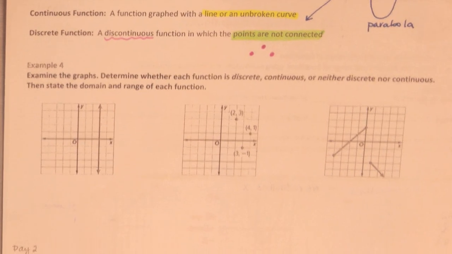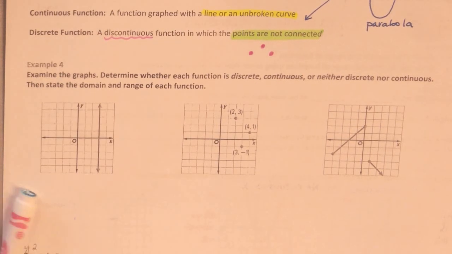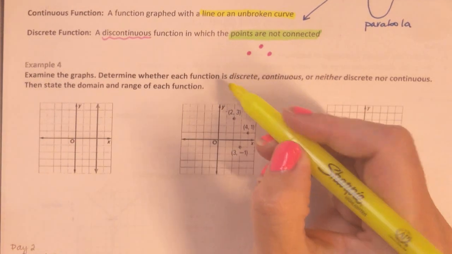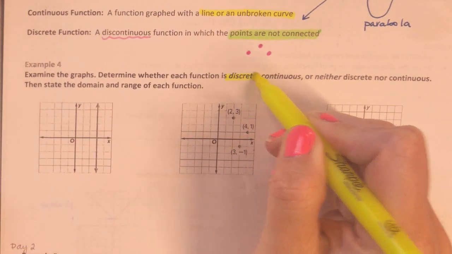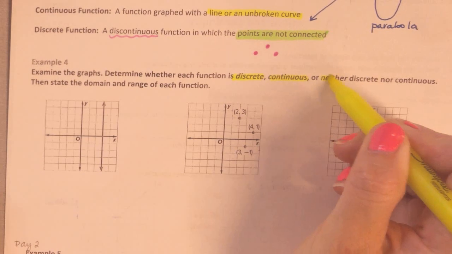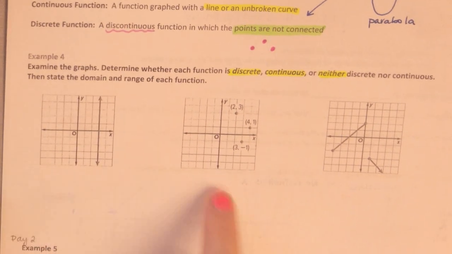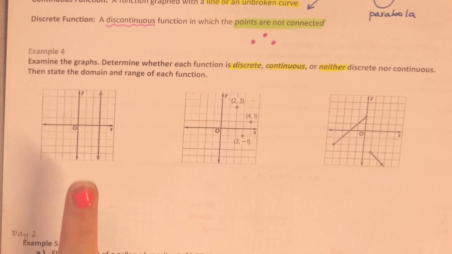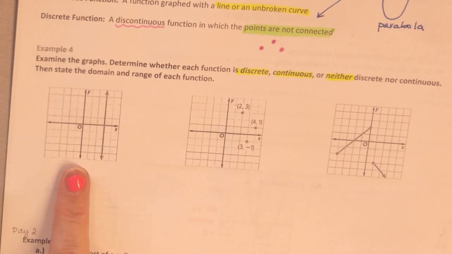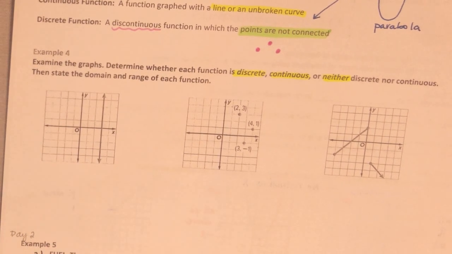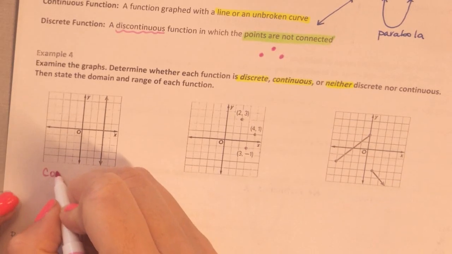Okay, so for example 4, examine the graph, determine if it's discrete, continuous, or neither. And then we're going to state the domain and range of each function. We're going to do the first part for each of them. So is this discrete, continuous, or neither, do you think?